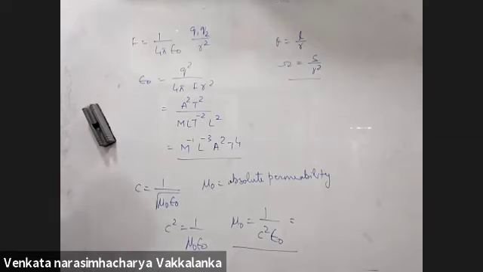Done, sir. Yes. This will be derived in electromagnetic theory, EM waves. C is 1 by root mu naught epsilon naught. Last chapter in magnetism.